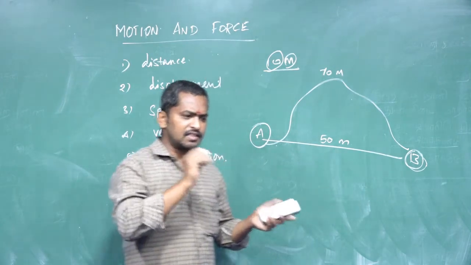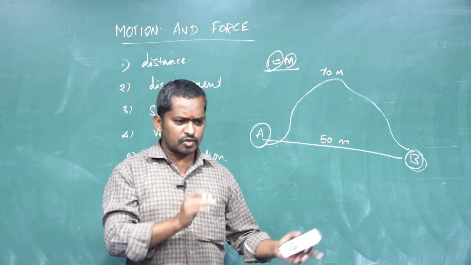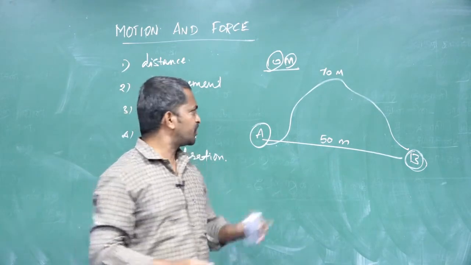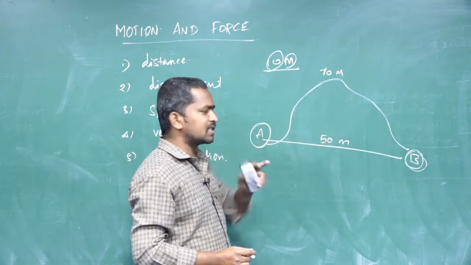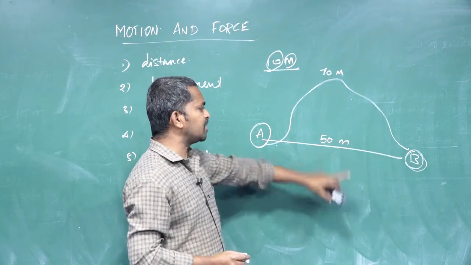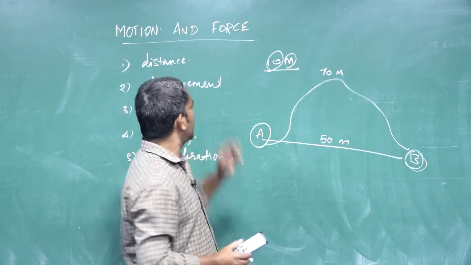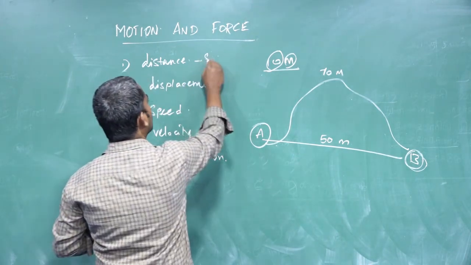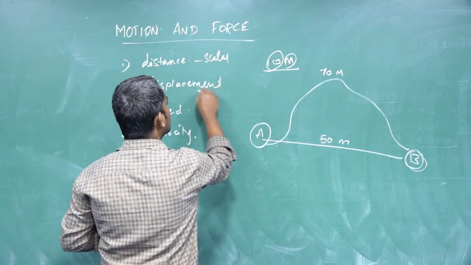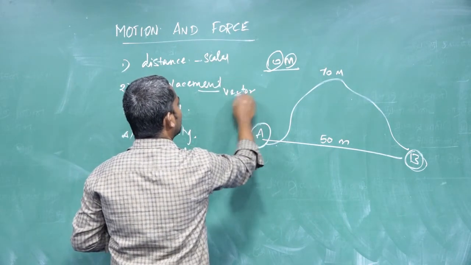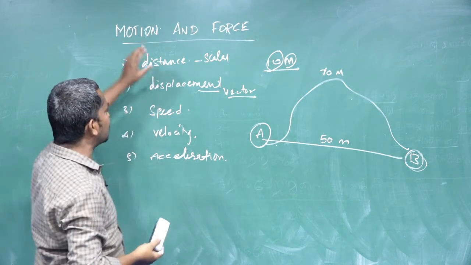So distance differs from displacement. 70 meter is the distance, 50 meter is the displacement. Distance is a scalar quantity. Displacement is a vector quantity. What do you mean by scalar?